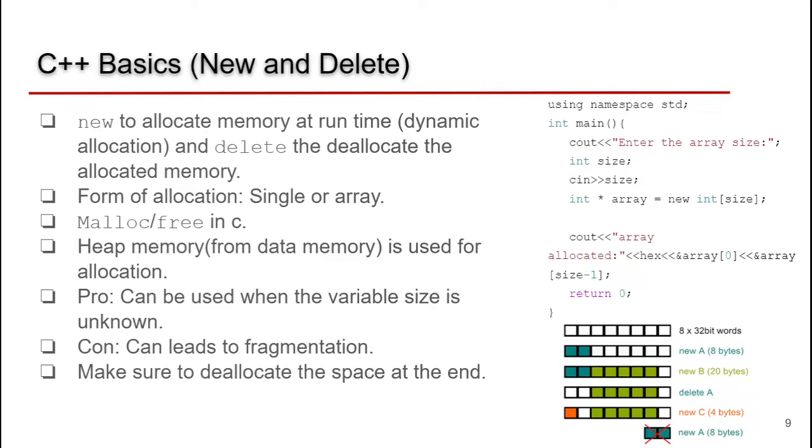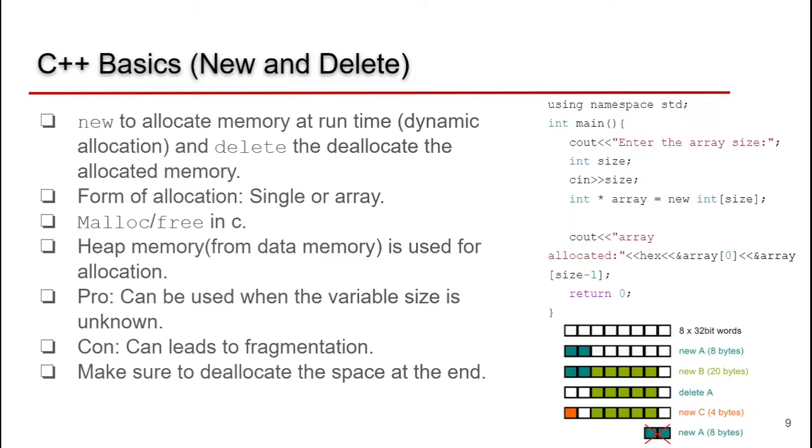And then you allocated 20 bytes and the memory is like this. It's almost full. Now you delete A, so the green part is removed. It's free for you now.